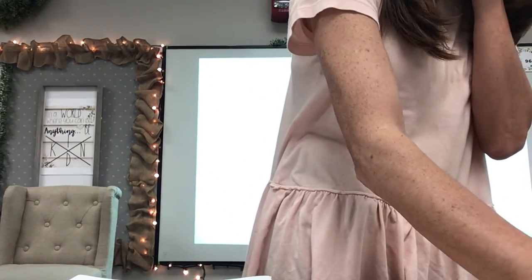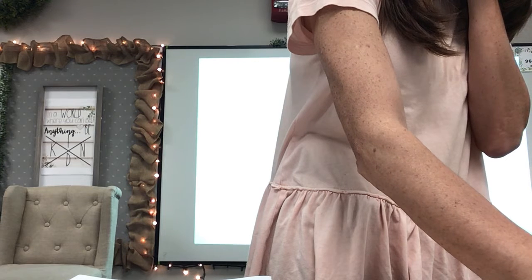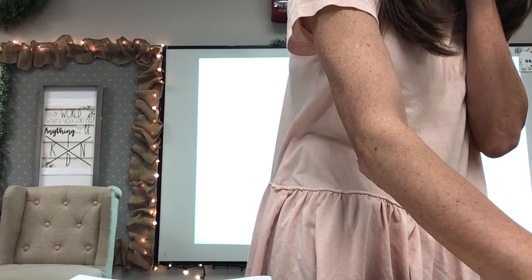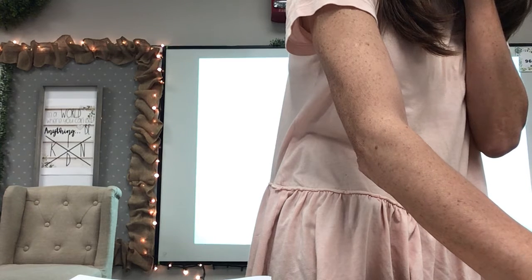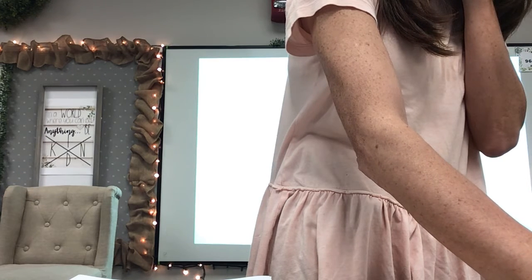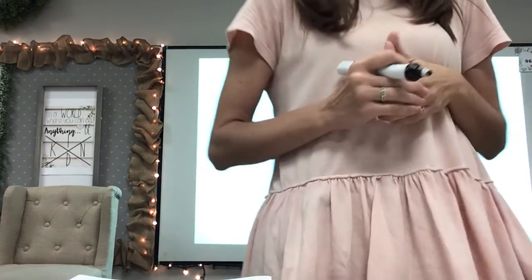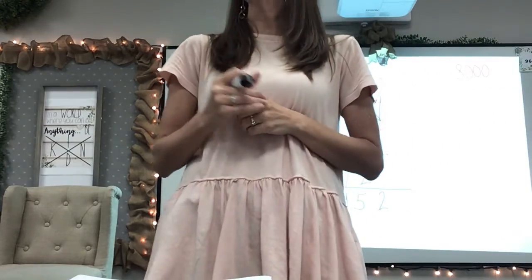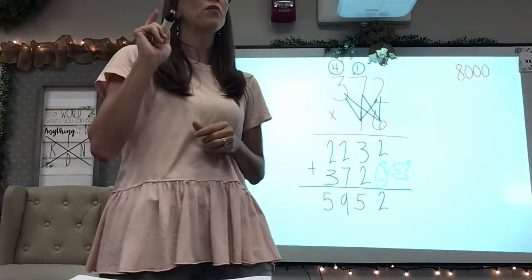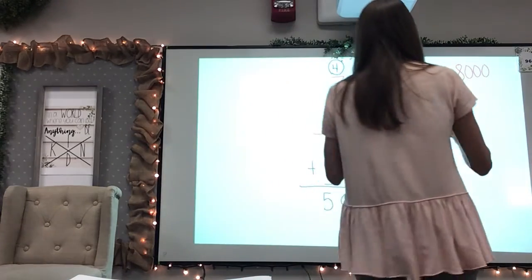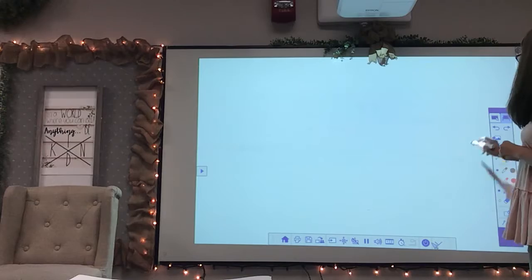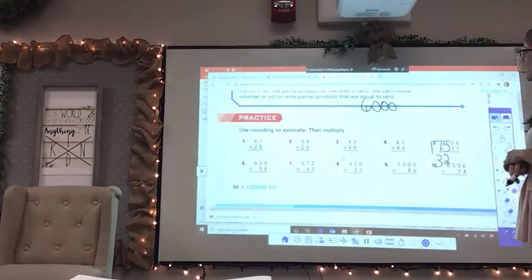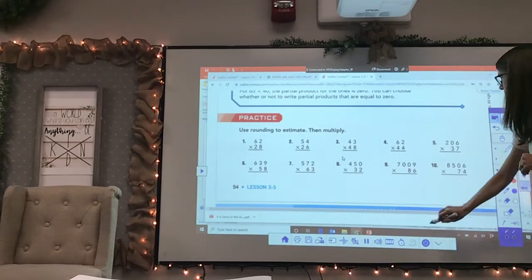Wait, can we do the estimate in the corner? Okay, I want the estimate in the corner, ladies and gentlemen, up in the upper right corner. I want an estimate first, and then I want your answer. So I want you to do number 1.